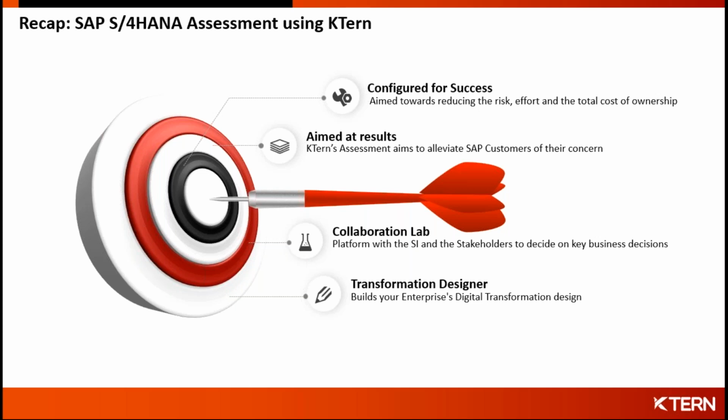Everything which we will face in the later stages of the project will be presented to you in the form of an assessment report by KTern even before you begin. That comes in as part of the discover phase, where KTern will automatically connect to your system, get this information, and create a business case for the IT management to proceed towards this S4HANA move.